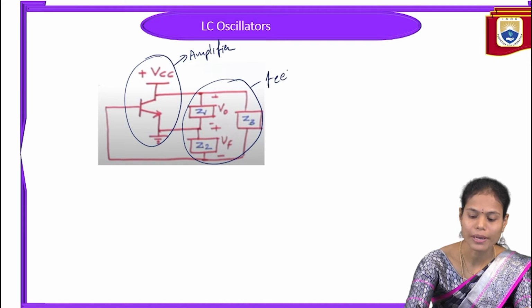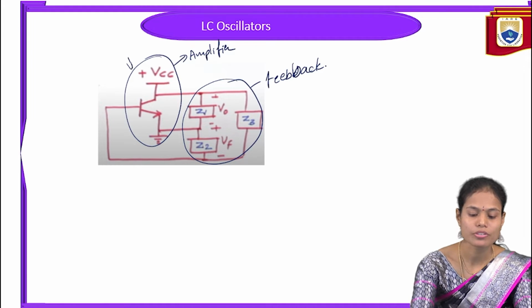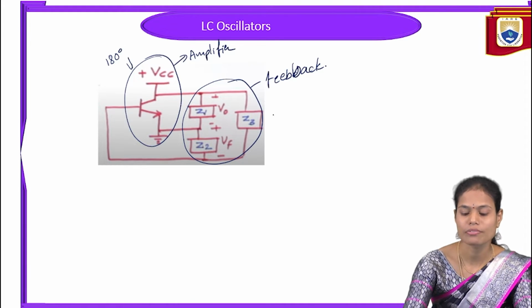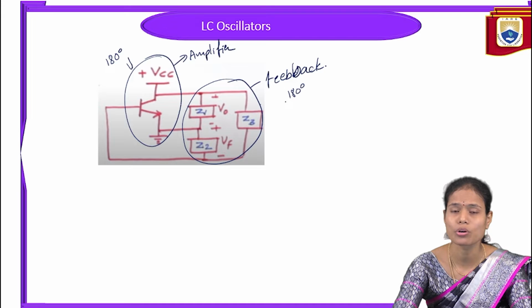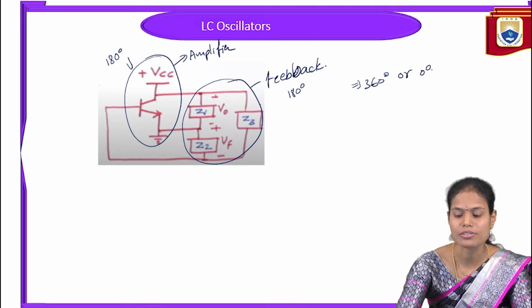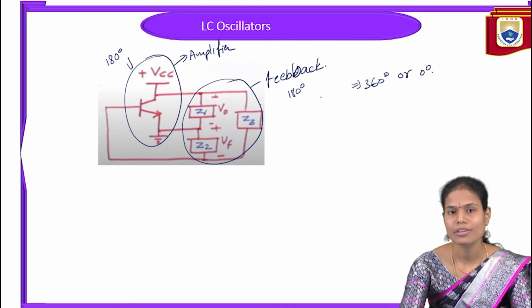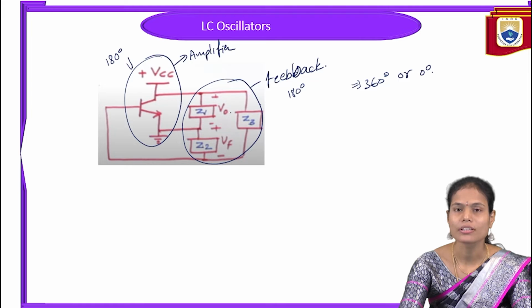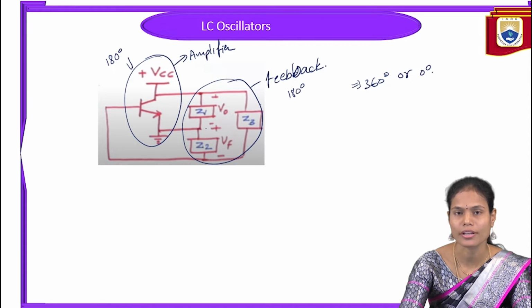The amplifier is used to generate 180 degrees phase shift, and the feedback network is also used to introduce 180 degrees phase shift. So the overall phase shift is either 360 degrees or we can also call it 0 degrees. In the feedback network of LC oscillators, we have 3 impedances. We can replace these 3 impedances with either inductors or capacitors to make the LC oscillators. We'll see that in the later slides.